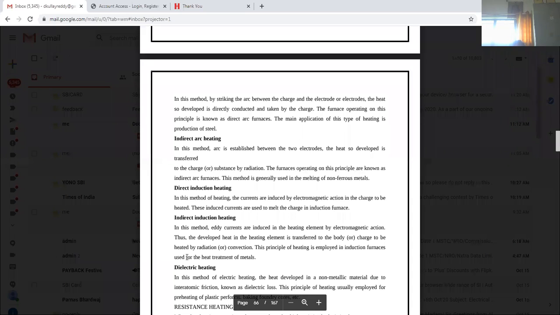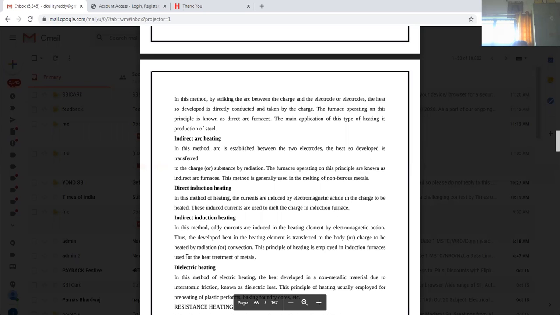When supply is given, the arc is formed between a positive electrode and a negative electrode. The heat developed by the arc is directly taken by the charge. Furnaces operating on this principle are direct arc furnaces. The main application of this type of heating is the production of steel.